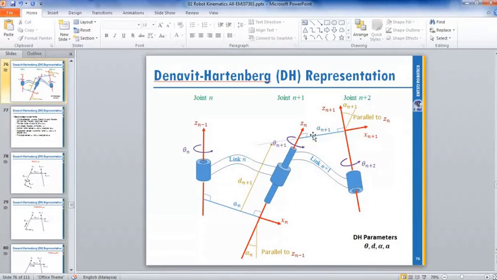And this X is perpendicular to this Z axis, and perpendicular to this Z axis. That's because to get this X perpendicular to Z, you have an angle in the DH parameter table between X and Z.